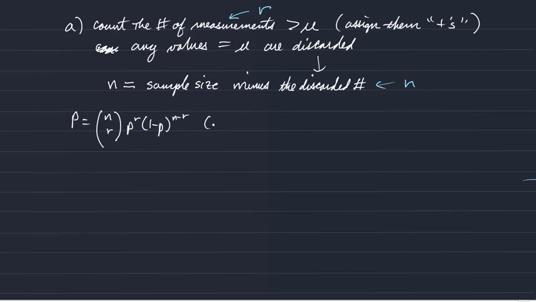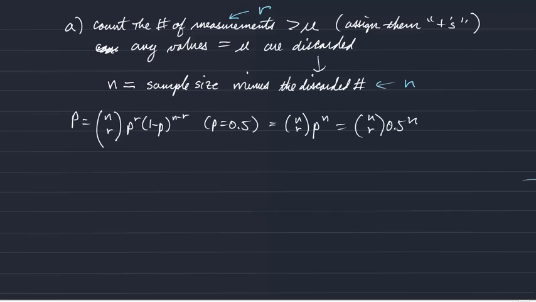And remember, little p is equal to 0.5, so 1 minus p is the same as p. So this equals the binomial coefficient times p to the n, and that's, of course, n over r times 0.5 to the n.